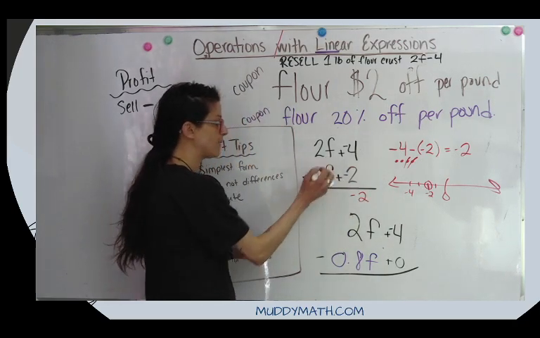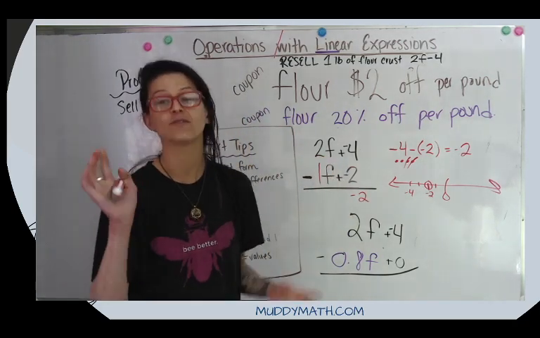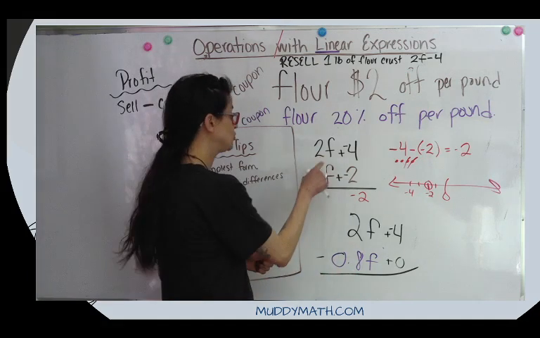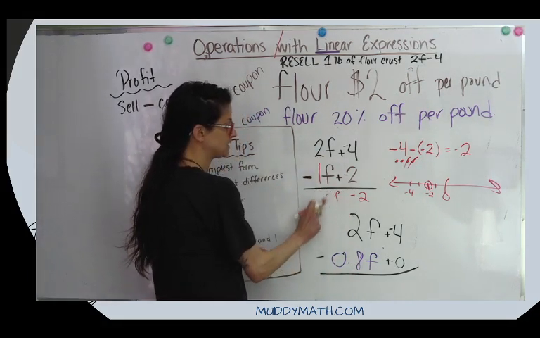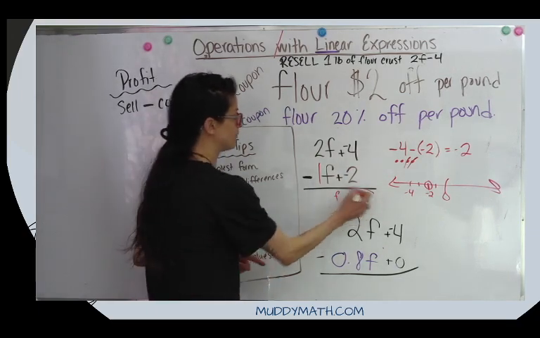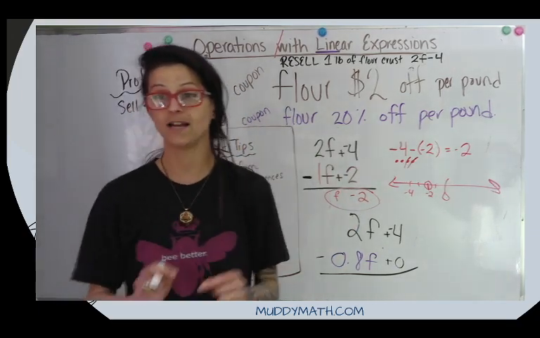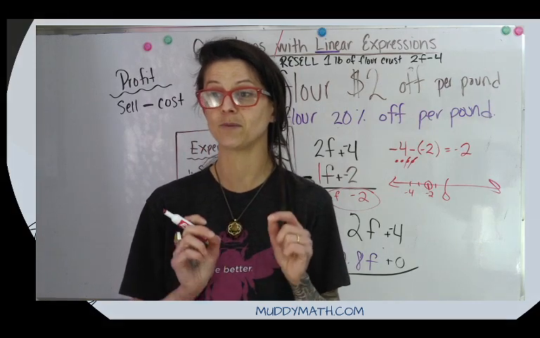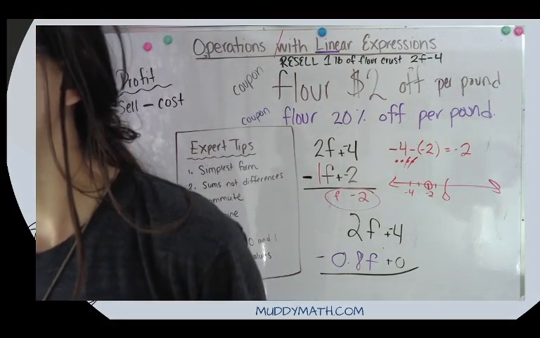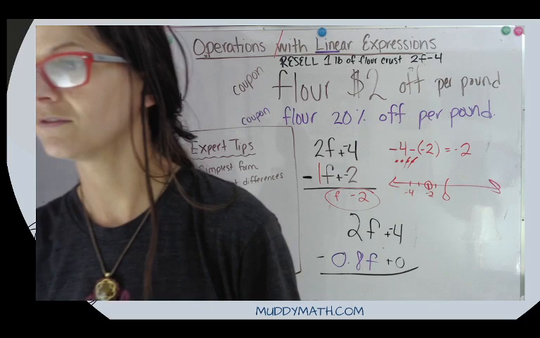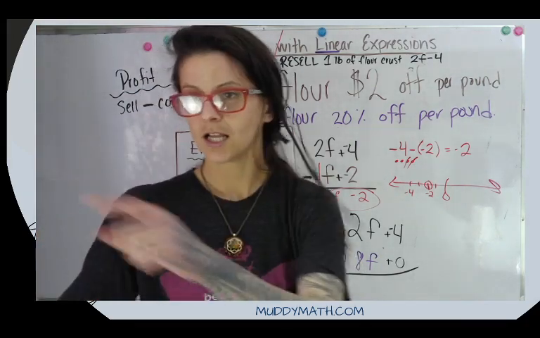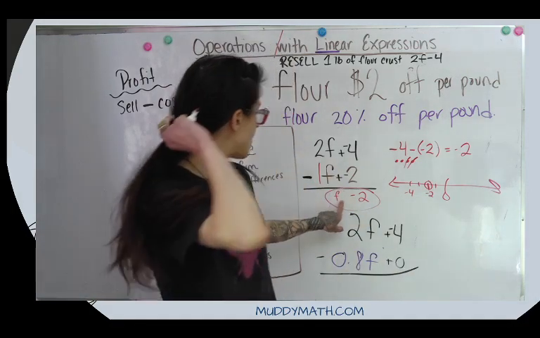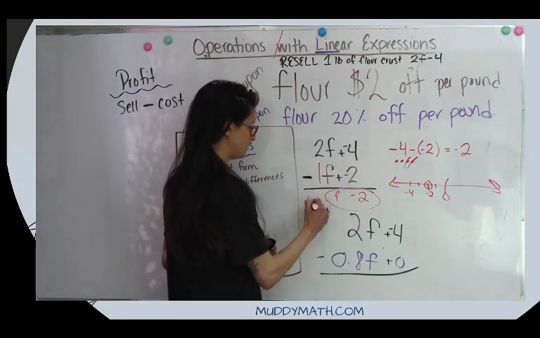And then 2F minus what? How many F's? 1F. We omitted the 1. 2F's minus 1F is 1F. So in this case, we are going to have a profit of F minus 2. Okay, so F minus 2, this is our profit.